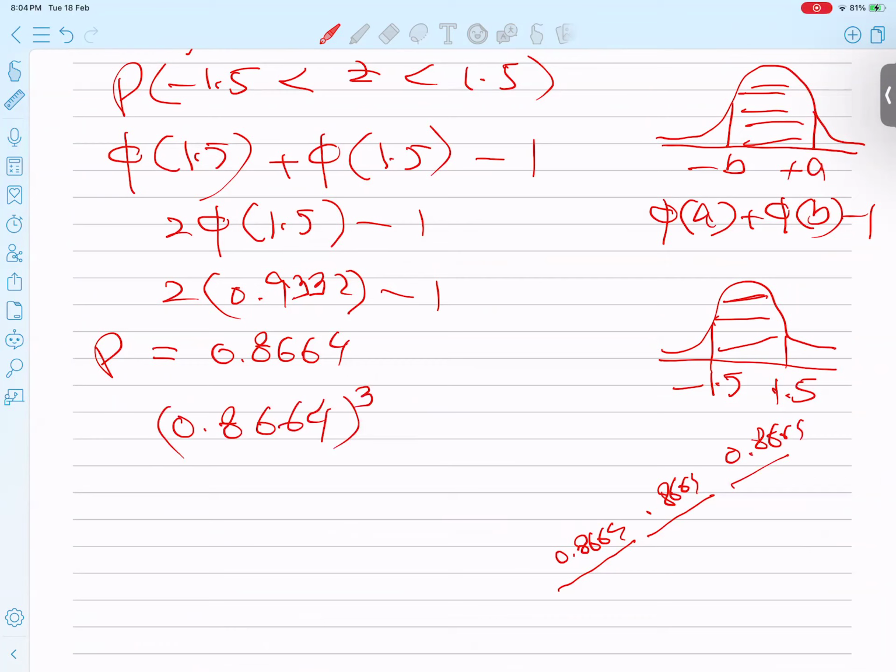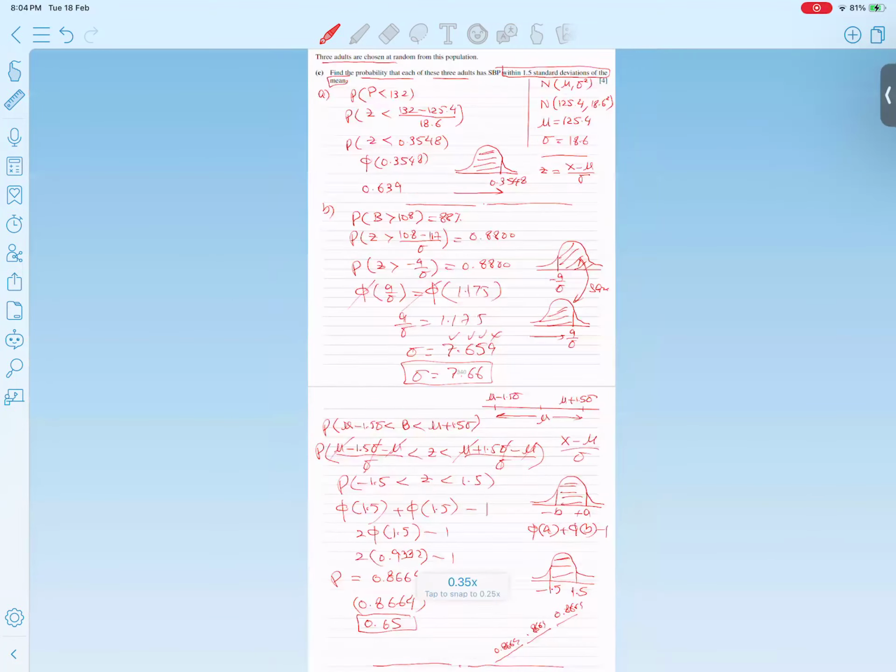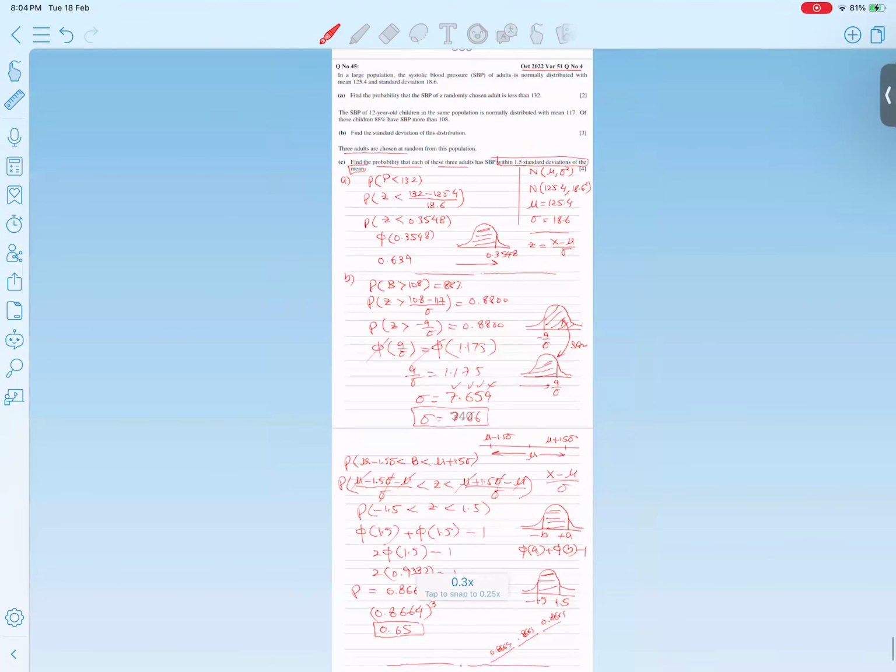And if I check it, the answer turns out to be 0.65. Let me recheck once again. 0.8664 to the power 3 gives us 0.650, or 0.65. So this is our final answer, and I believe you got the point very well about how we have done this question.